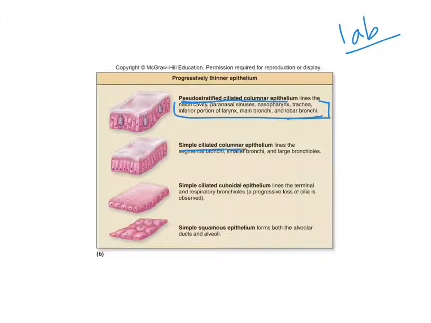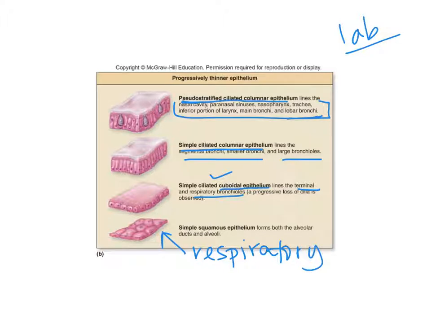Simple ciliated columnar, that's going to be the smaller bronchi and large bronchioles. Simple ciliated cuboidal epithelium lines the terminal and the respiratory bronchioles, which we're going to talk about. And then this is going to be in the respiratory zone. So it'll be simple squamous.